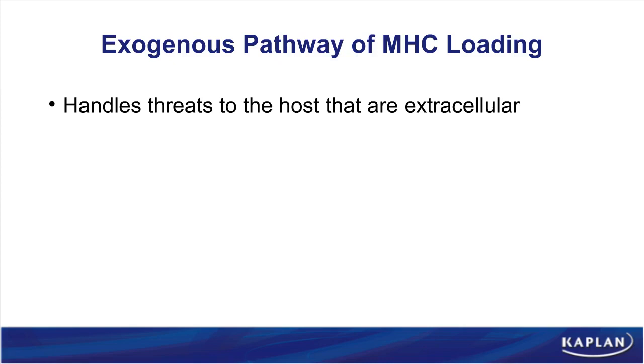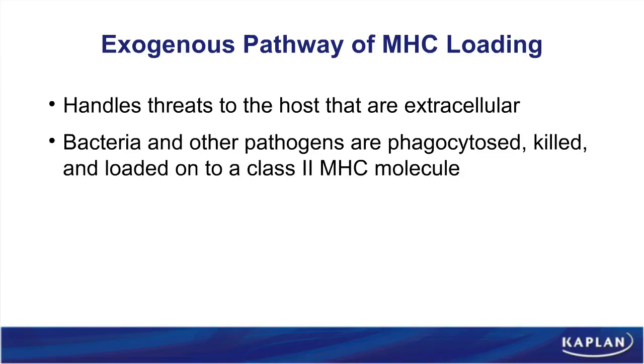As we said, we're first going to discuss the exogenous pathway of MHC loading, which handles threats that are extracellular in nature. Bacteria and other pathogens that are phagocytosed by these antigen-presenting cells are killed and loaded onto a class 2 MHC molecule for presentation to a T helper cell. So let's take a look at that pathway of antigen presentation.